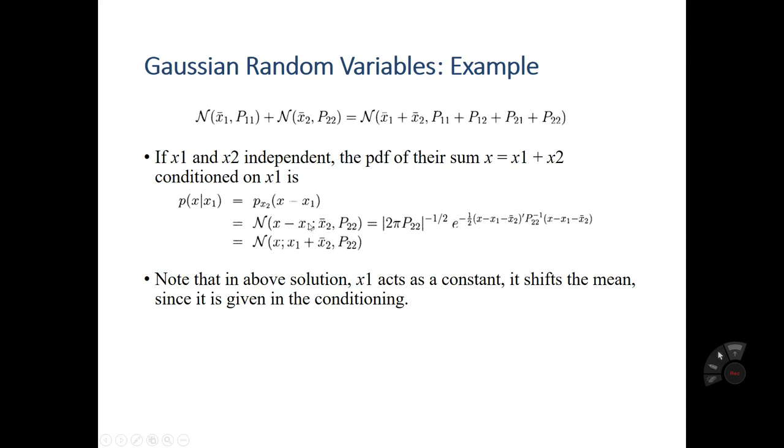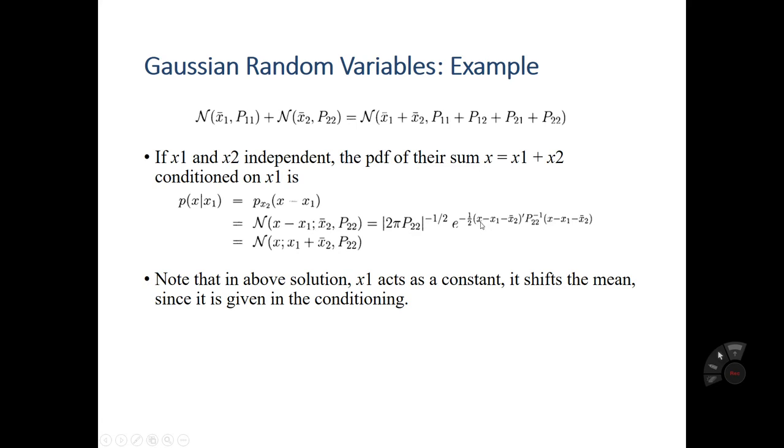Suppose here we are taking x1, so normal of x minus x1, with x2 mean and P22. This is the same formula as previous, but here our argument involves two random vectors x1 and x2.